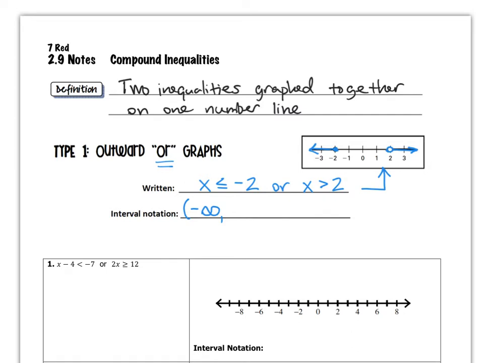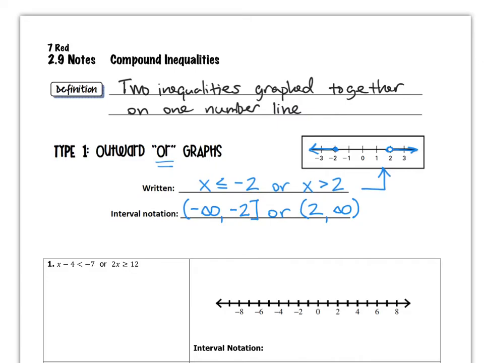The maximum x can be is -2, so we would close this with a -2 and a bracket. That's for the first inequality. For the second, the minimum value is +2. We close that with a parenthesis because of this hollow dot. And then there's no maximum, so we end with +infinity. For an OR inequality, we just put the word OR in between those two interval notations.